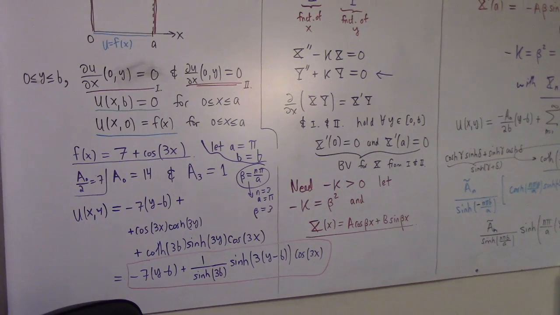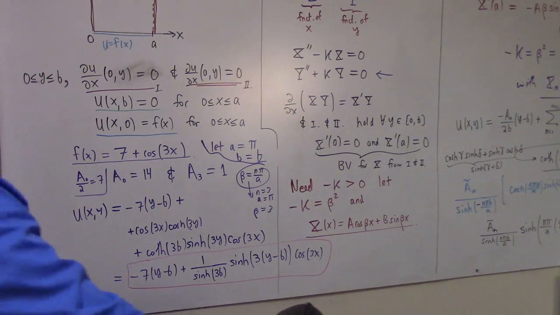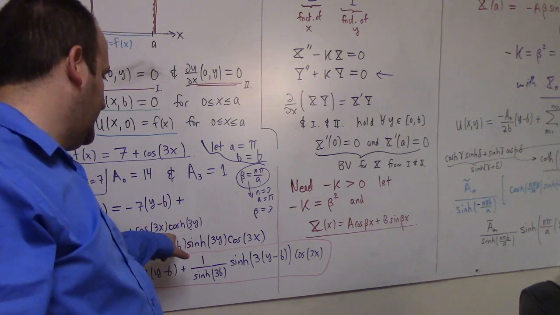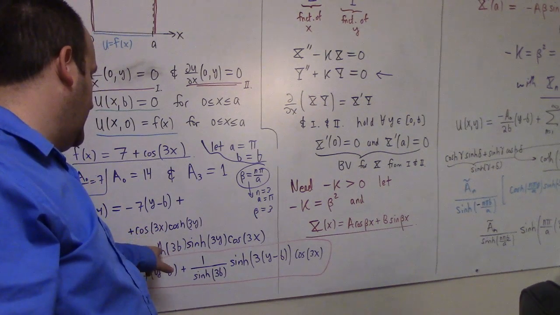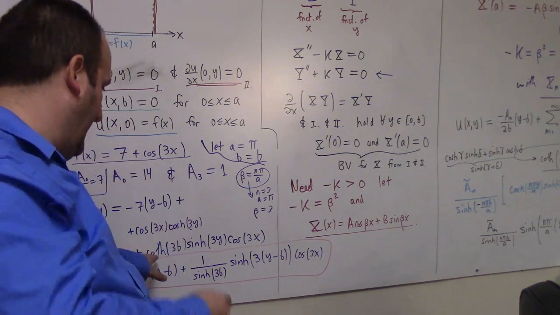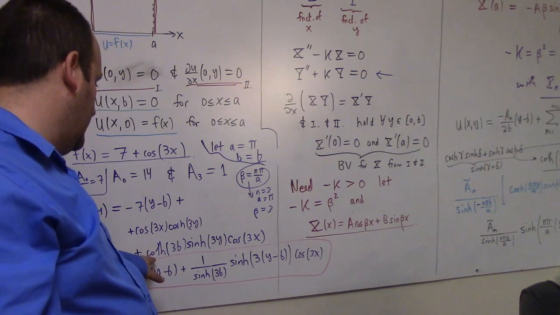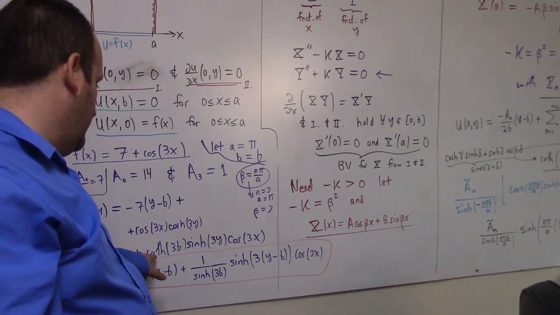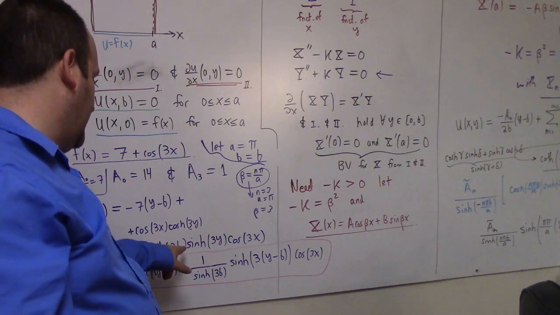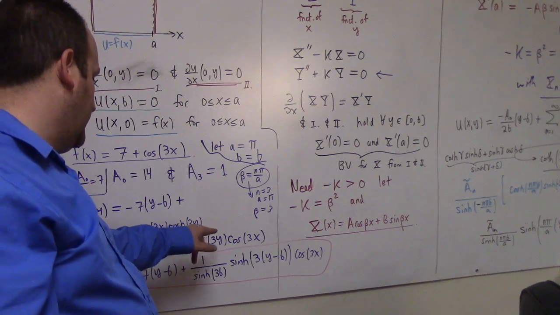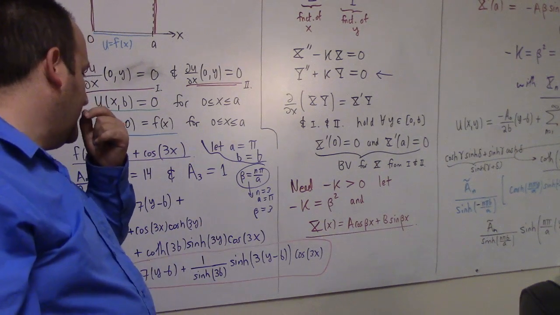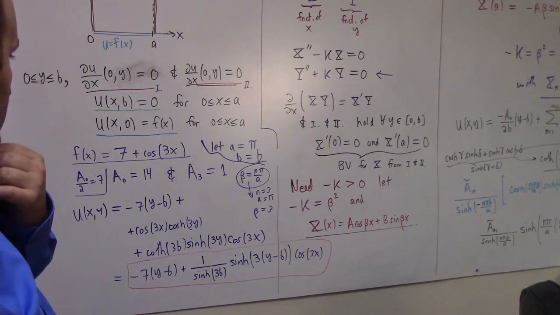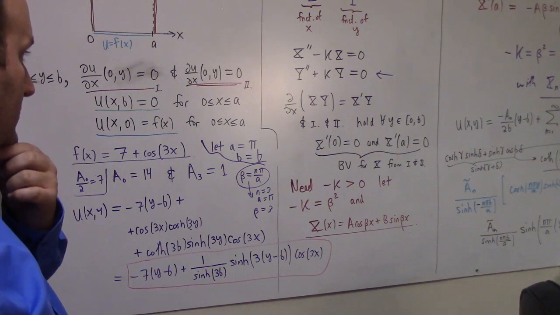So we put y equals b, that's 0. This is cosh 3b, cosine 3x, and then this becomes coth times, that also becomes cosh 3b, cosine 3x. So I must be missing a sign, a negative sign somewhere.